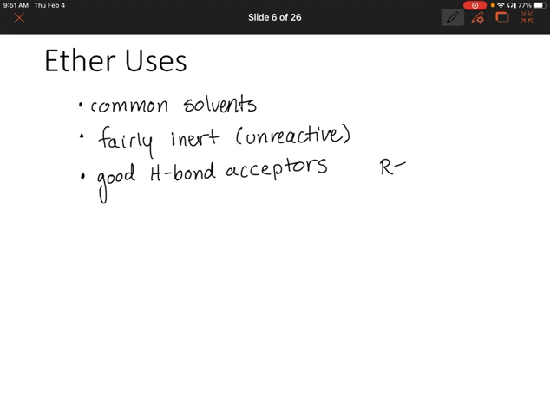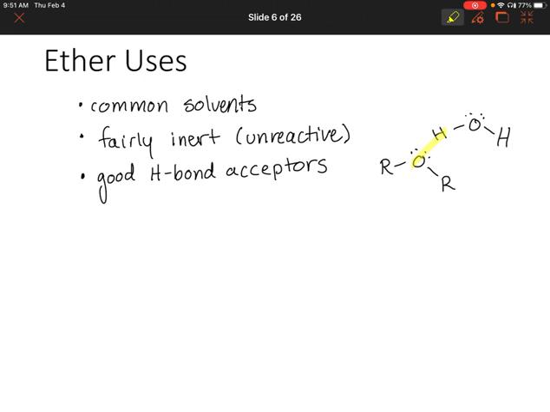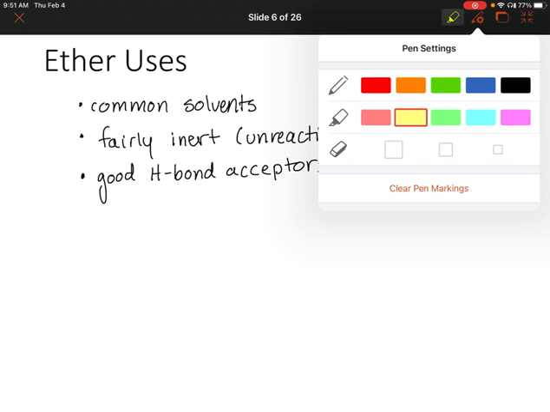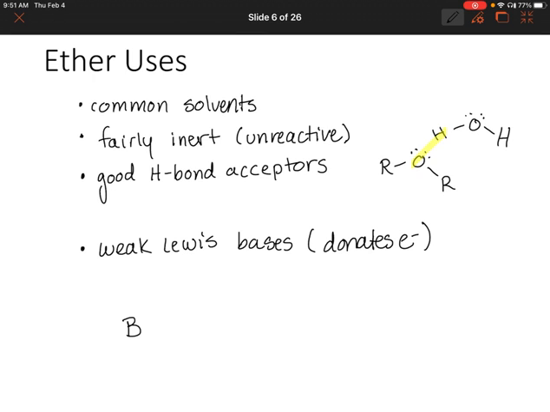So let's just draw a little picture of an ether and some water. And then additionally, they're weak Lewis bases. So they can donate electrons to something that needs an electron. So for instance, we talked about borane bonding to tetrahydrofuran.